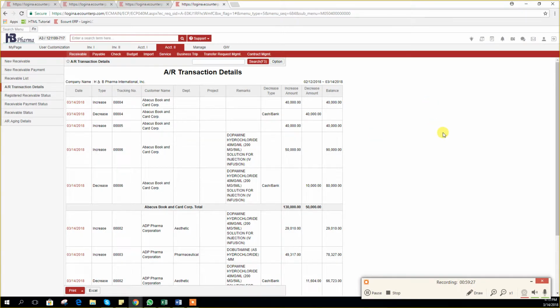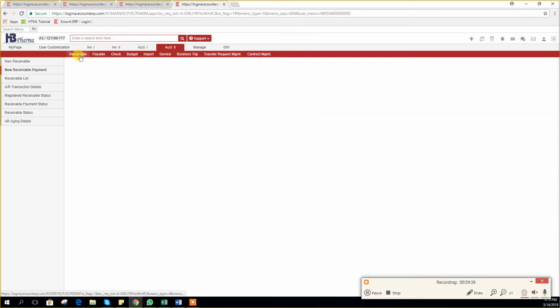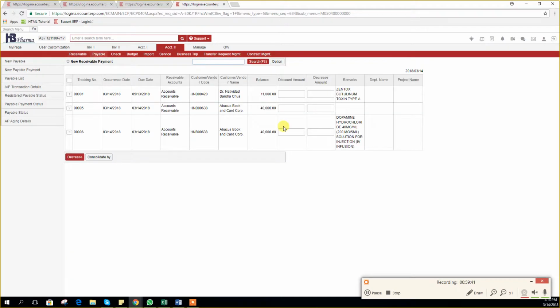to the AR transaction details. So you can receive the 10,000 first inside your cash. And then the balance will be remaining inside your receivables, 40,000. Okay.